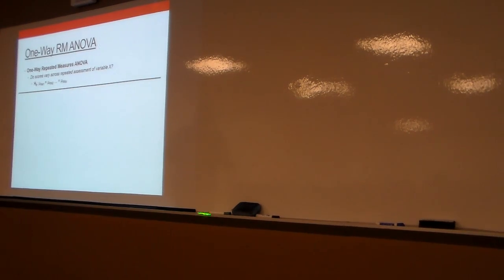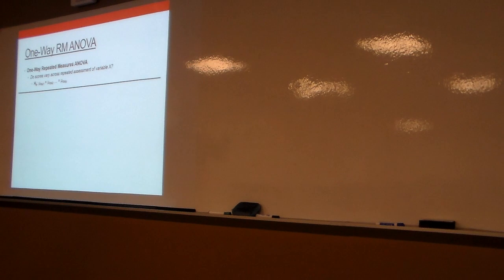Cool. Okay. So for our one-way repeated measures ANOVA design, we've got one outcome that we're measuring on multiple occasions. Essentially, we have multiple dependent variables in this outcome, and so our research question with the one-way repeated measures ANOVA is: do scores vary across repeated assessments of whatever our outcome is?